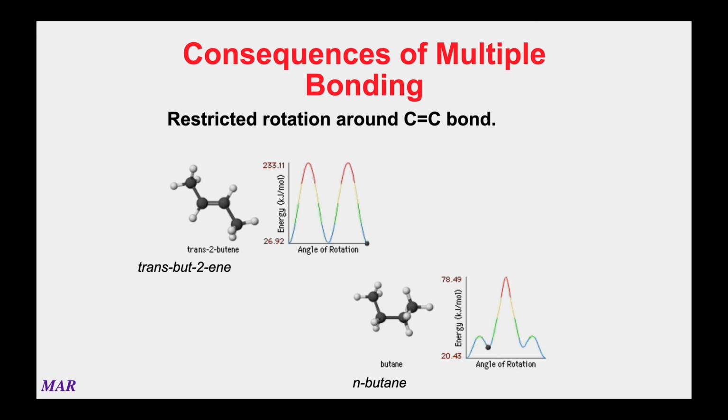Butane can rotate easily about its carbon-carbon single bond because the atoms of its methyl groups repel each other rather weakly. Rotation about this bond is accompanied by a small energy barrier and occurs readily at room temperature. The two sides of the molecule are therefore constantly spinning with respect to each other.